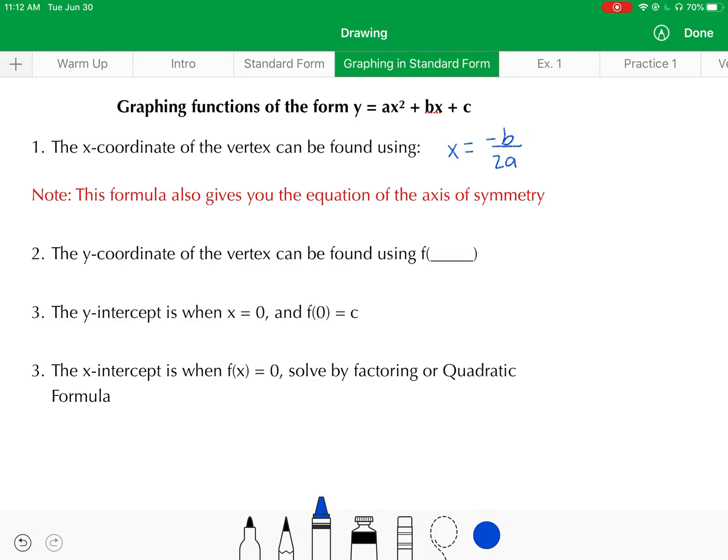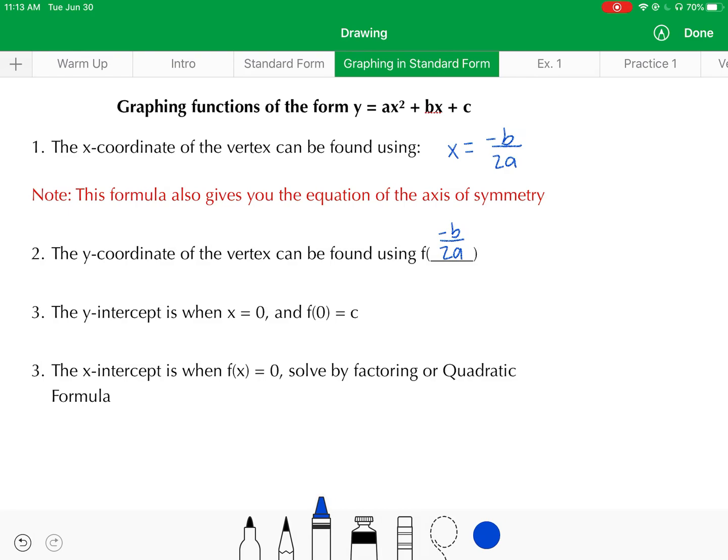For now, just take that at face value, and in our next video, we'll see why this is the formula. This gives you the x-coordinate of your vertex. It also gives you the equation for your axis of symmetry. Once you have the value for negative b over 2a, you can find the y-coordinate of your vertex by evaluating the function f at negative b over 2a.